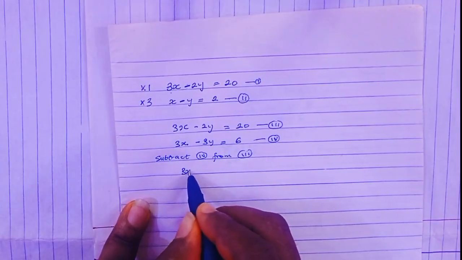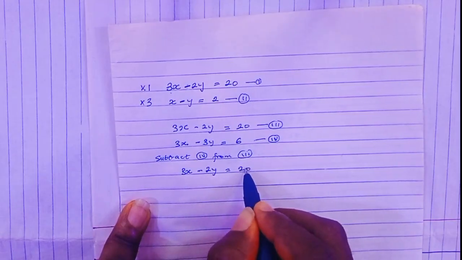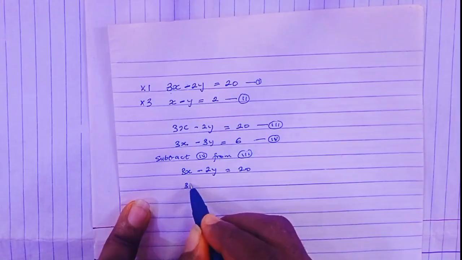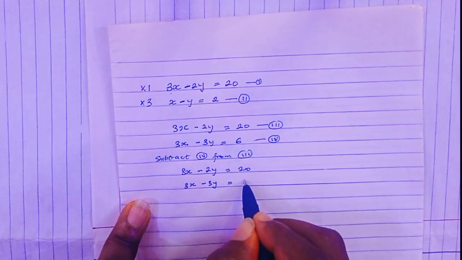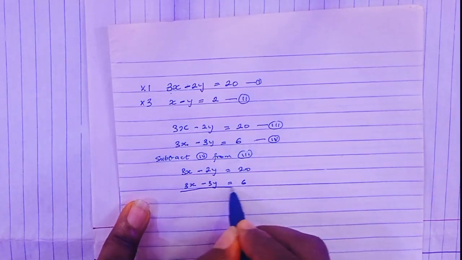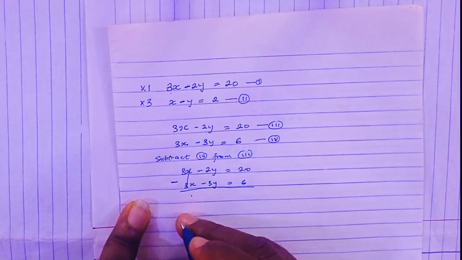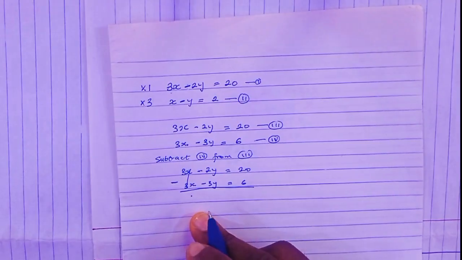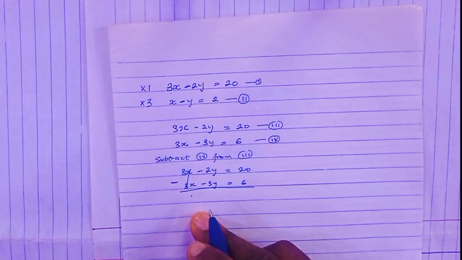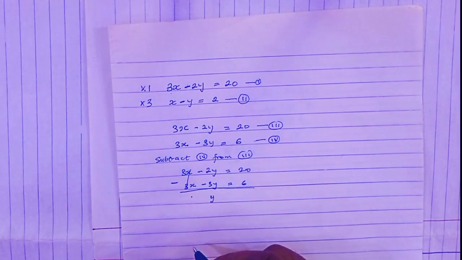We have 3x minus 2y equals 20, and 3x minus 3y equals 6. We are subtracting it. If you subtract this, you're going to get 0 here. So it's out. Now, minus 2y minus 3y, if you subtract, we are going to get positive y.